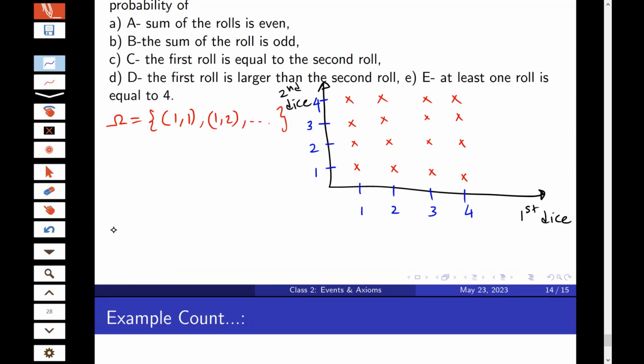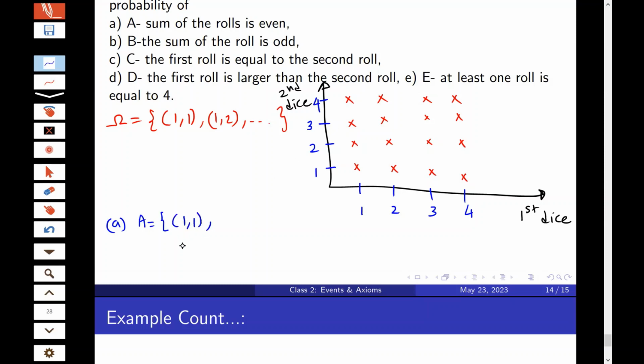Okay, now let's calculate the probabilities one by one. So the sum of the roll is even. Okay, here the sum should be even, so we can list all the outcomes. Sum is even. So if you get the sum of the two values showing on the dice, you should get an even number. So the outcomes are 1 1.